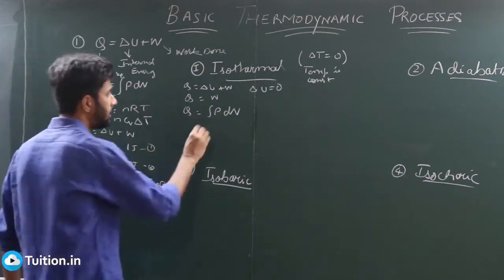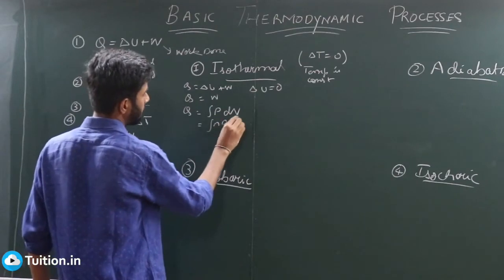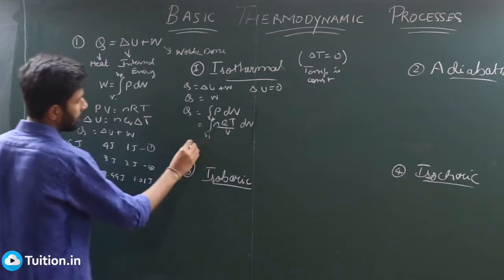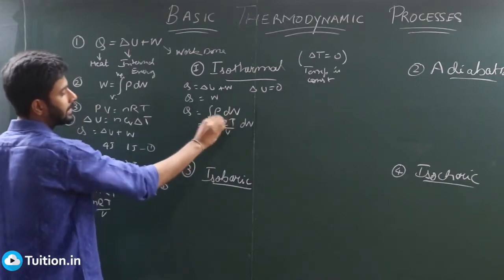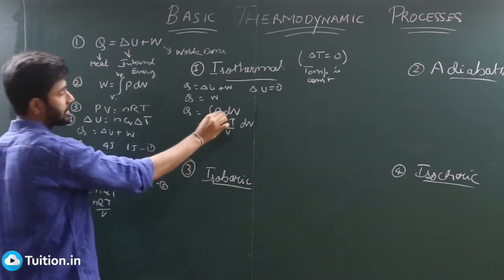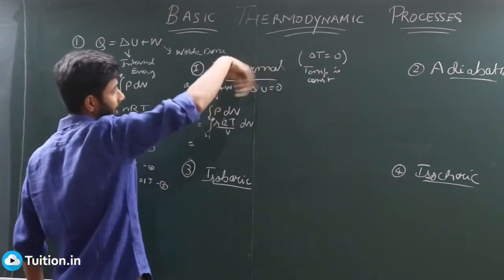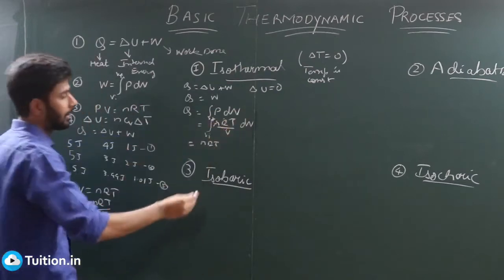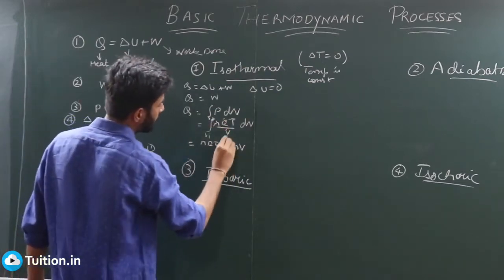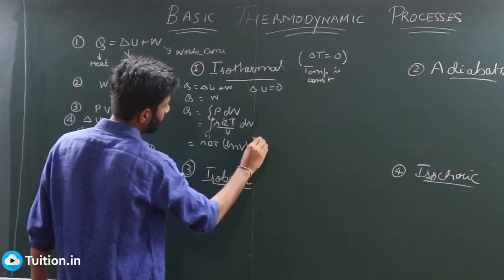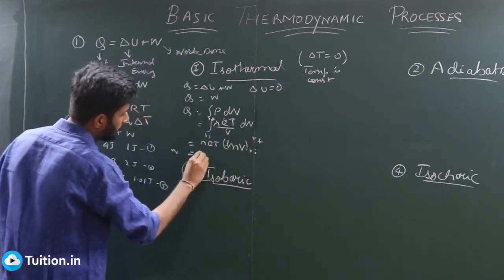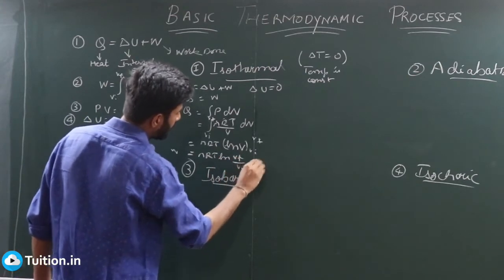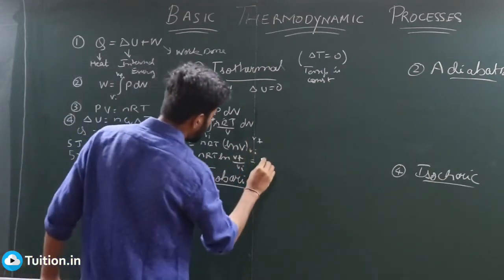I'll put that nRT/V here: ∫(nRT/V)dV from Vi to Vf. Here n, R, and T are all constants, because n, the number of moles, is constant, R is constant, and T is also constant as far as this process is concerned. So I'll take nRT out of the integral, and I'll have ∫dV/V, which is nothing but ln V when you integrate with limits Vi to Vf. So the formula for work done is nRT ln(Vf/Vi), and this itself is nothing but your Q.